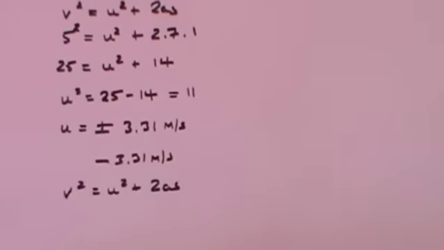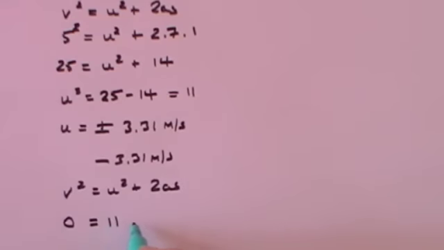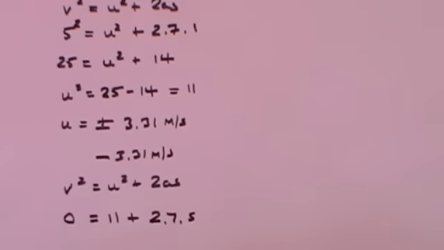So now we can say that v squared, 0, equals u squared. Well, we know what 3.31 squared is, it's 11, plus 2 times the acceleration, which of course is 7, times the distance, which we don't know. That's what we're trying to find out.